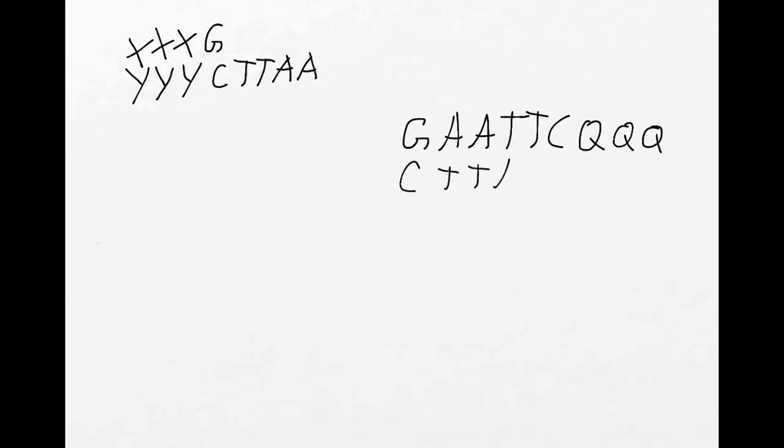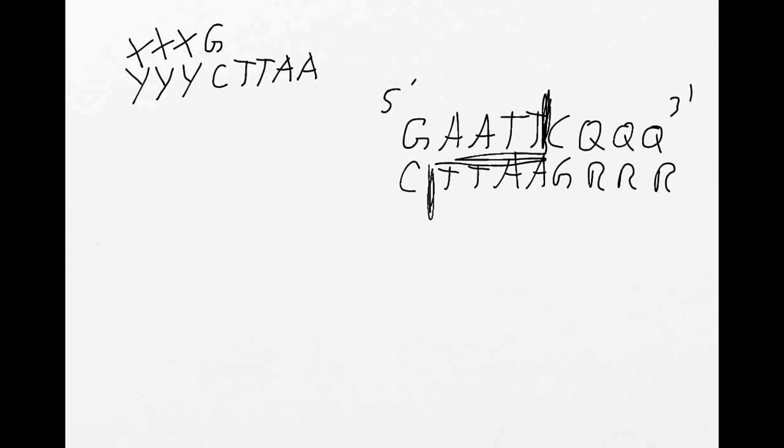C, T, T, A, G, R, R, R. But now our enzyme cuts between the T and the C. So it cuts here and it cuts here. And again we have our 5 prime, 5 prime, and the 3 prime here. Now let's see what we get in terms of the fragment. We would get C, Q, Q, Q, and obviously the complement R, R, G, and we have A, T, T.